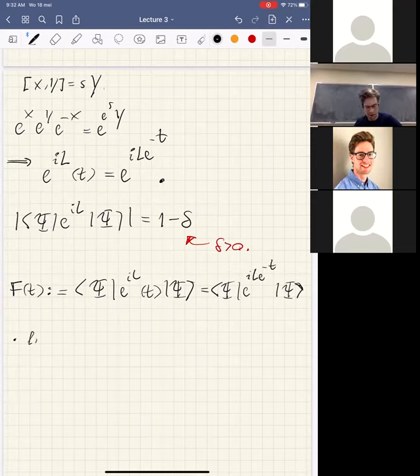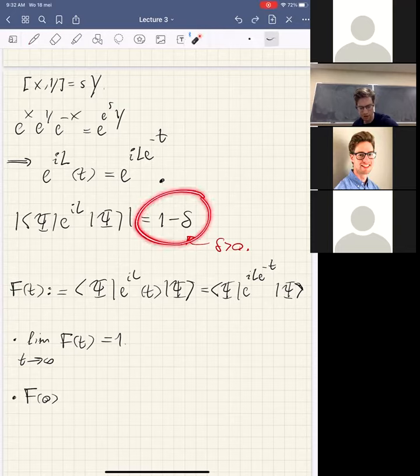Let's say that we take the limit of t going to infinity of this expectation value f of t. By doing that, we see that this goes to 1. However, what we also know is that when we evaluate f at t equals 0, we can use this result, and we find that this is smaller than 1.